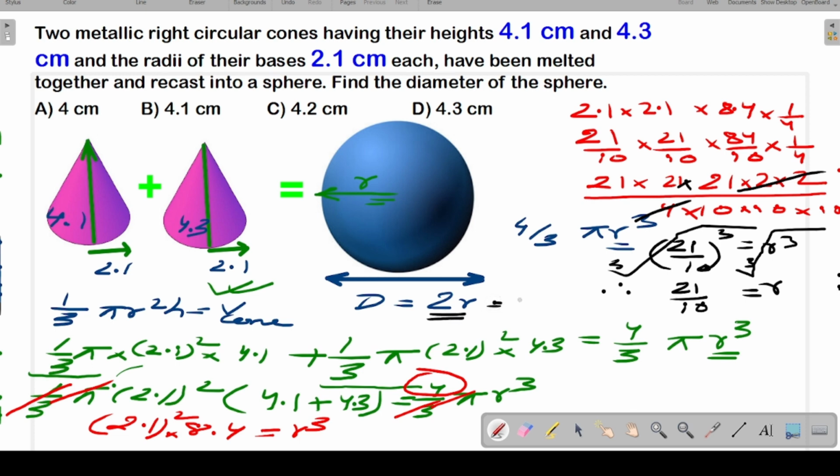That means equal to 2 into 21 by 10, that is 42 by 10 equal to 4.2 centimeter, right? So here the correct answer is 4.2 centimeter, the diameter of the sphere, 4.2.